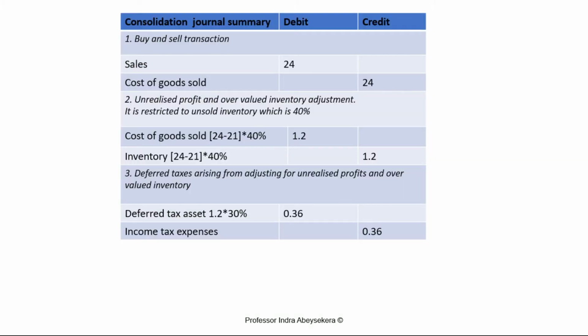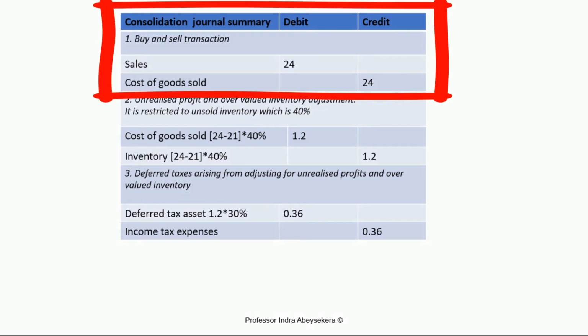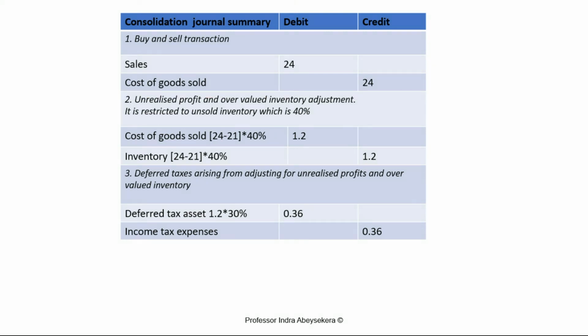Let's now look at the consolidation journal entries. We can use the graphics or the summarized general journal entry transaction as a basis to prepare consolidation journal entries. The first one is the buy and sell transaction. We debit sales and credit cost of goods sold for 24 million. That is for the trading transaction.